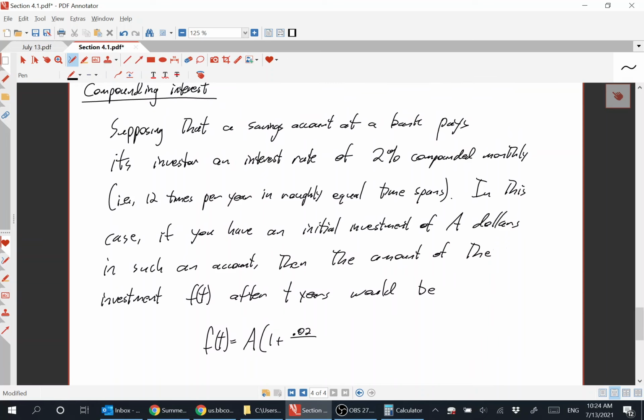And because it's compounded monthly, what that means is that 2% is divided by 12, and it comes to some smaller number. But that interest is paid 12 times per year. So 12t, like this. So the amount of the investment after t years looks like that. Right? So 1 plus 0.02 over 12 times 12t. If you're only compounding once per year, then it looks like this.